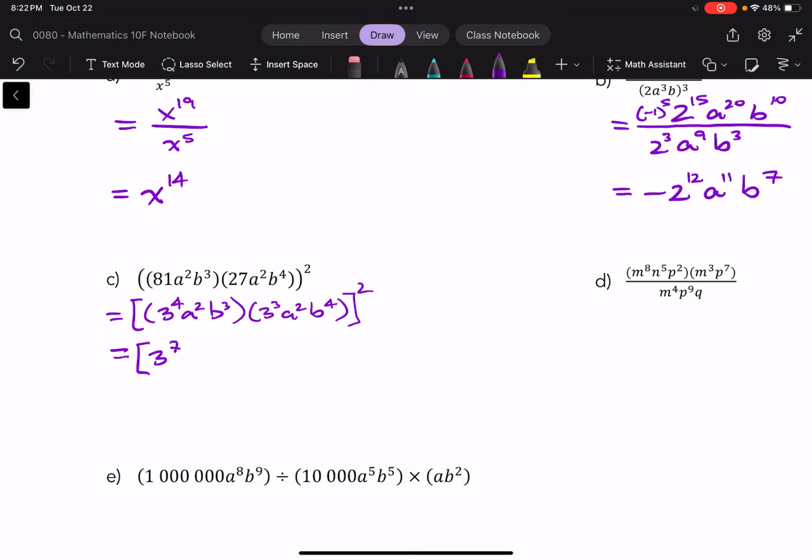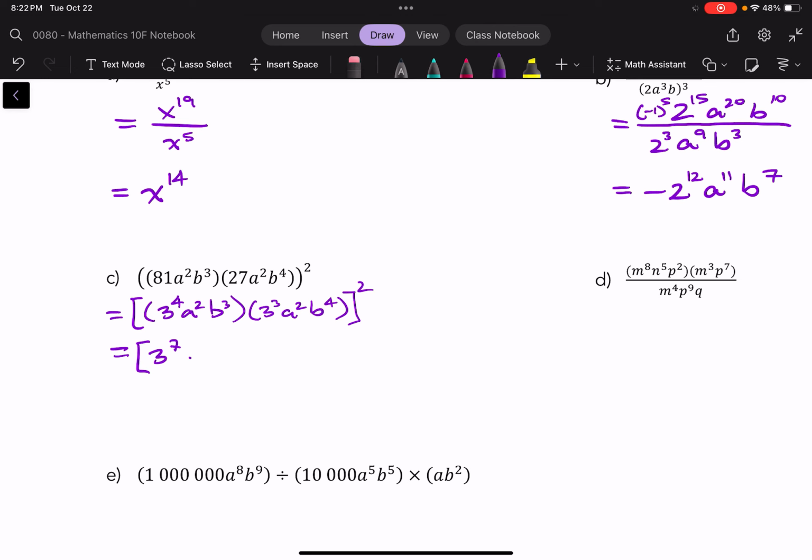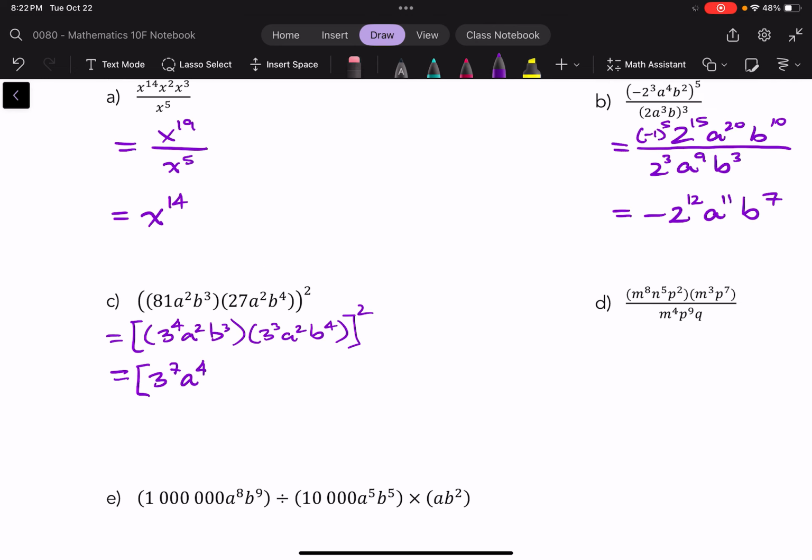A to the power of 2 times a to the power of 2. 2 plus 2 is 4. B to the power of 3 and b to the power of 4 being multiplied gives us b to the power of 7. And I've still got that exponent of 2 way outside. And now we can apply that.